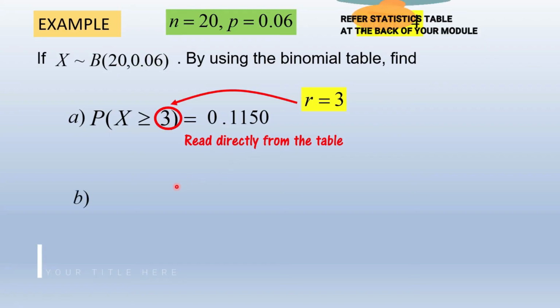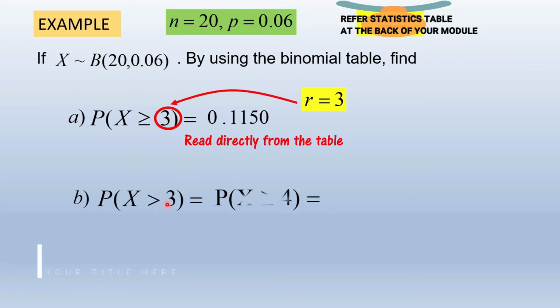Okay, now we continue with B. Probability x more than 3. So the binomial distribution is a discrete random variable. So please take note that 3 is not included here. So what is the integer after 3? We want to find the probability x more than or equal to 4 until n equals 20.